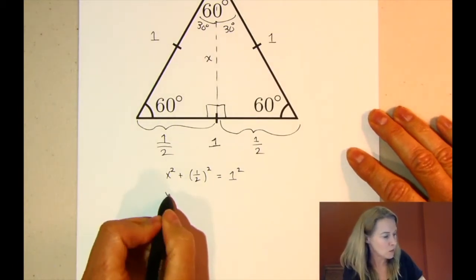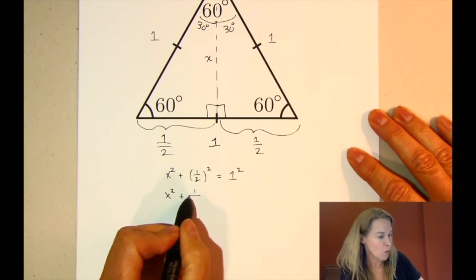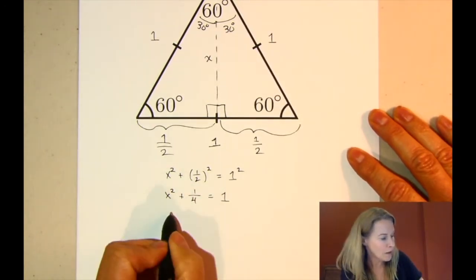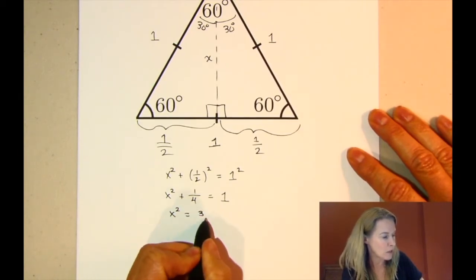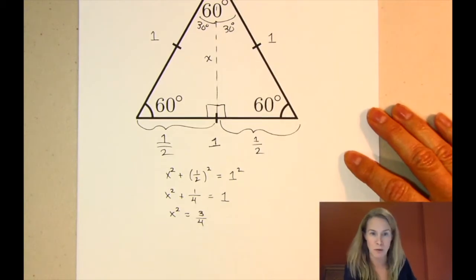So we've got x squared plus, and a half squared is just 1 squared over 2 squared, or 1/4, and that all equals 1. So I know that x squared is equal to 3/4, right? I took 1, which is 4/4, I've subtracted a 1/4, I'm left with 3/4.